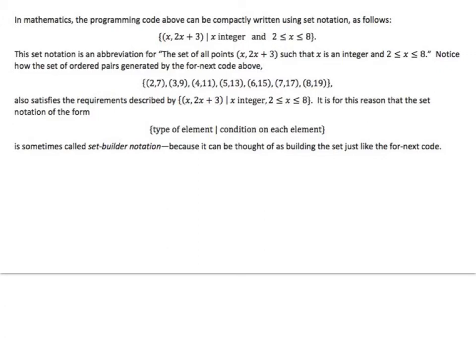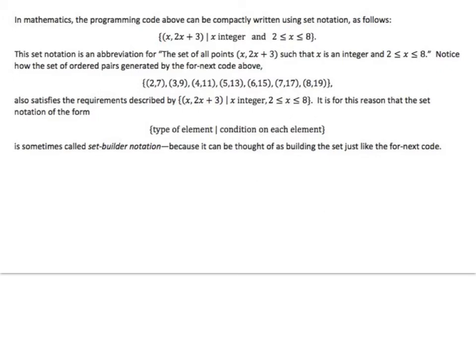So in mathematics, the programming code above can be compactly written using what is called set notation. Set notation is important. It's important for you to be able to read and to write. So what we have here is a set x, 2x plus 3, such that x is an integer and x is between 2 and 8, including 2 and 8.